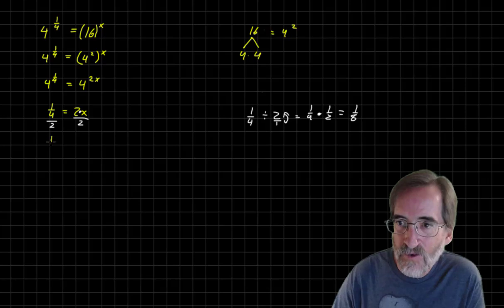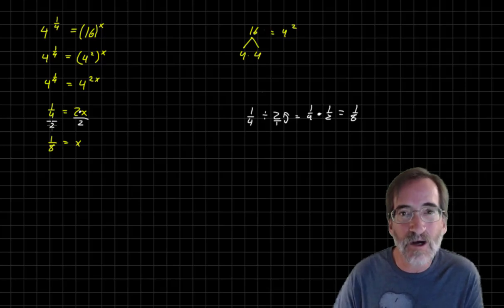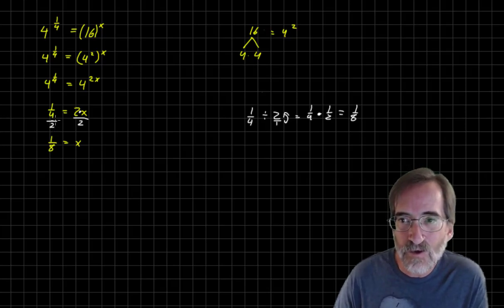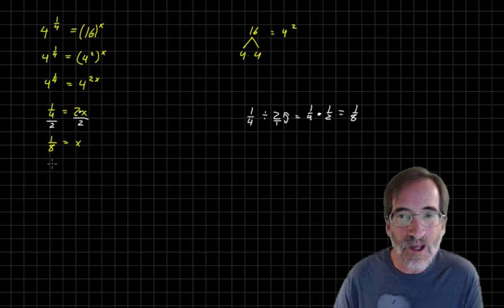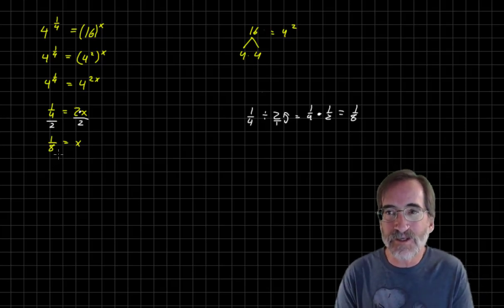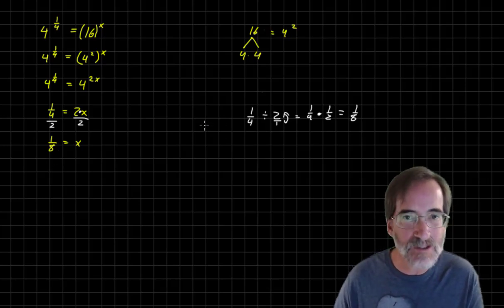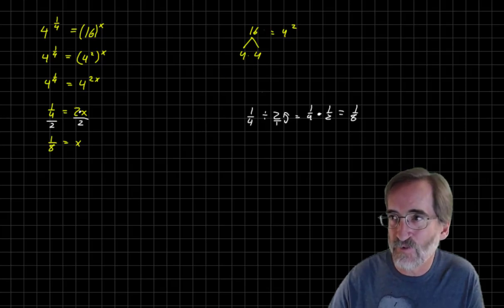Another way to remember that is to say if I divide by 2, I multiply the denominator by 2. So to divide 1/4 by 2 is the same as to double the denominator 4. So x equals 1/8. All right? So that's the technique of getting a common base and then setting the exponents equal to each other.